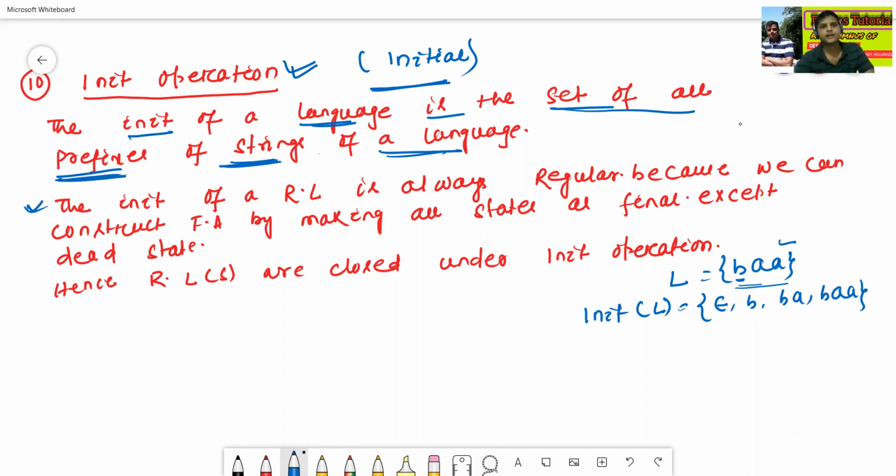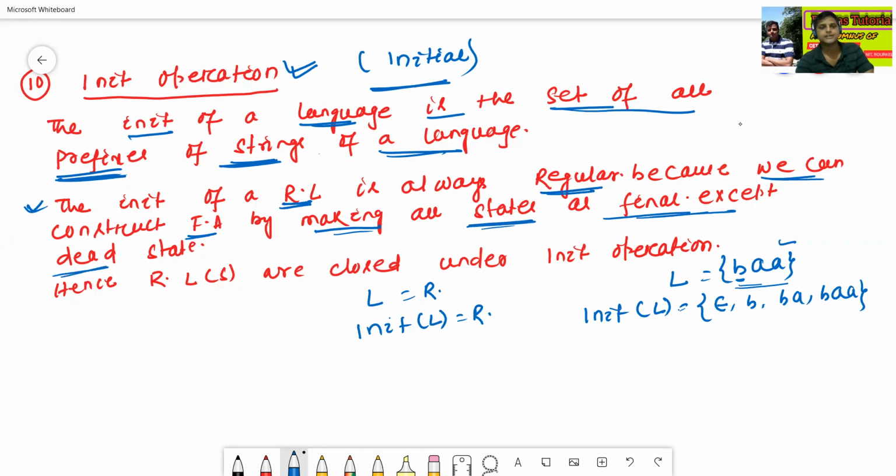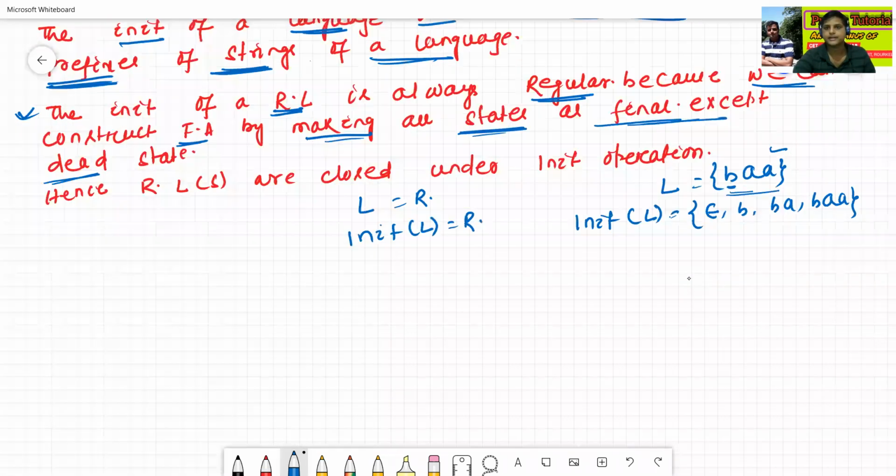The next point: the init of a regular language is always regular. That means if L is regular, init of L is always regular, because we can construct a finite automata by making all states final except the dead state. See here how to construct the finite automata.